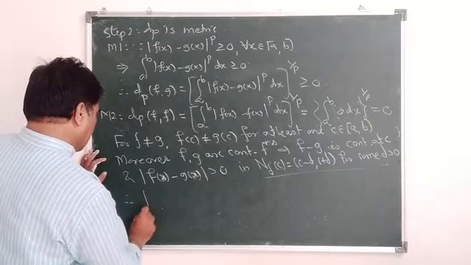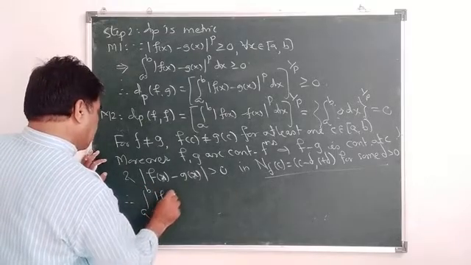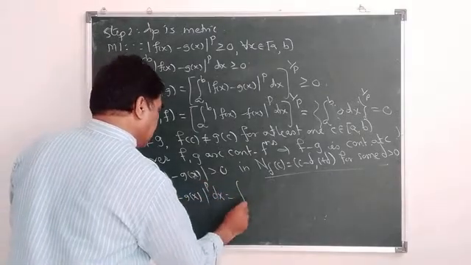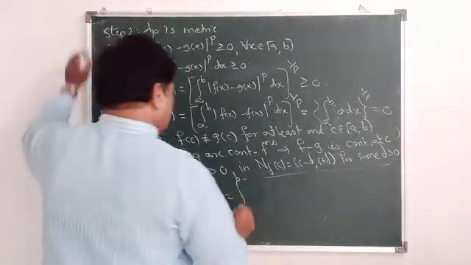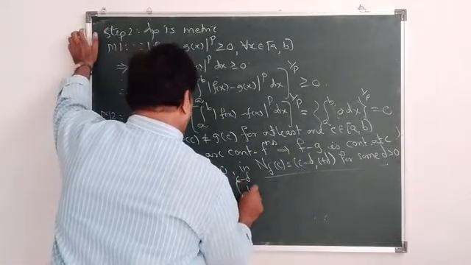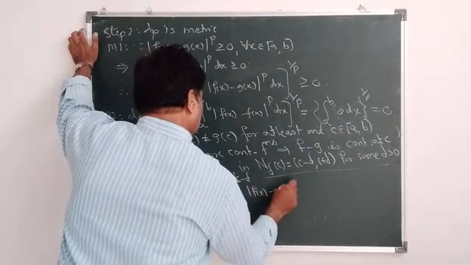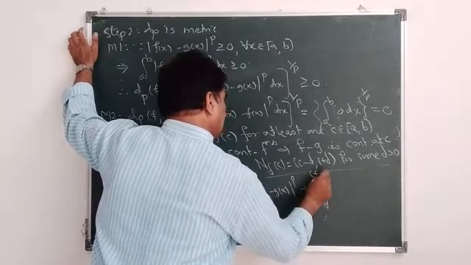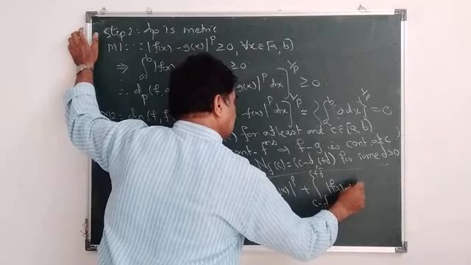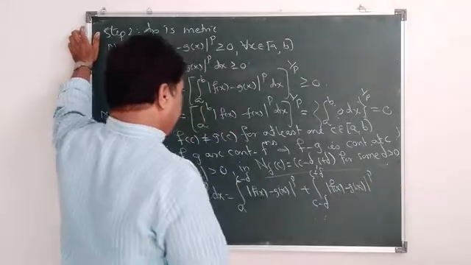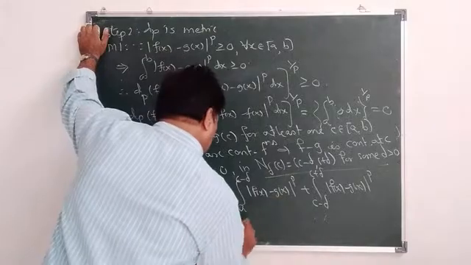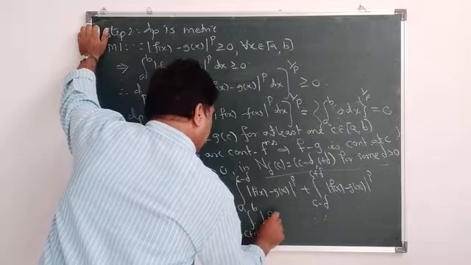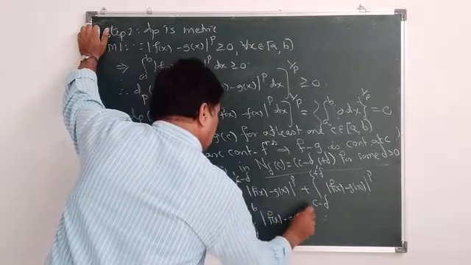And therefore the integral of a to b of mod f(x) minus g(x) raised to p dx, I can write this as the integral of a to c minus delta of mod f(x) minus g(x) to the power p, plus the integral of c minus delta to c plus delta of mod f(x) minus g(x) to the power p, plus the integral of c plus delta to b of mod f(x) minus g(x) to the power p.